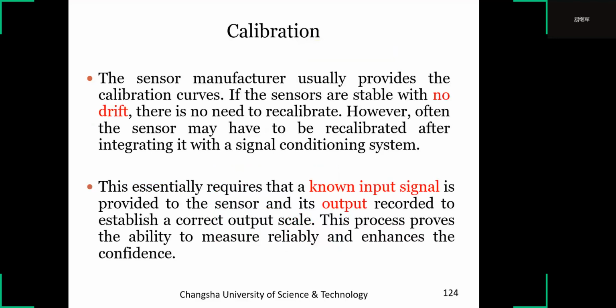Calibration. The sensor manufacturers usually provide the calibration curves. If the sensors are stable with no drift, there is no need to recalibrate. However, often the sensors may have to be recalibrated after integrating them with the signal conditioning systems.